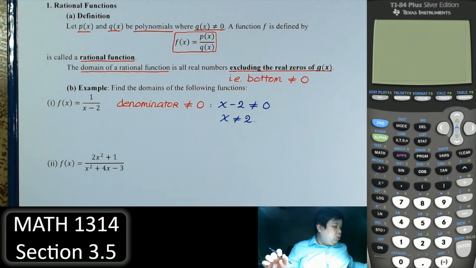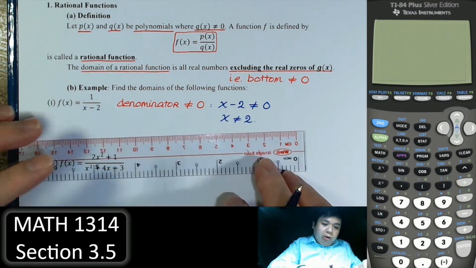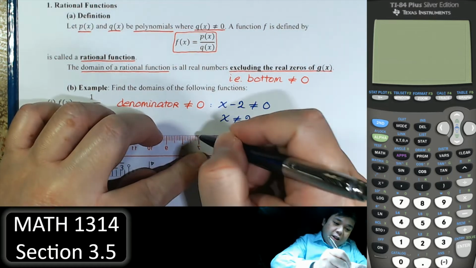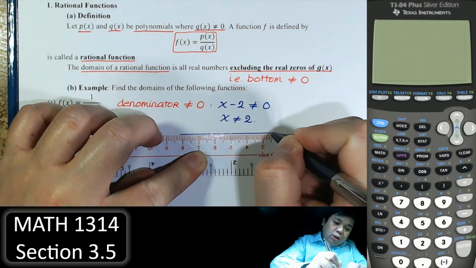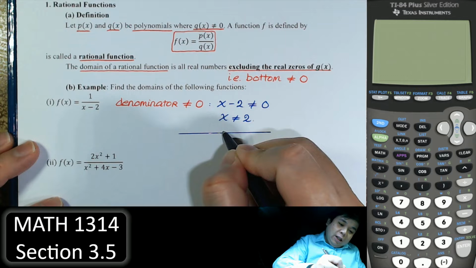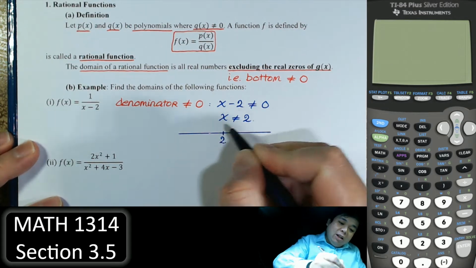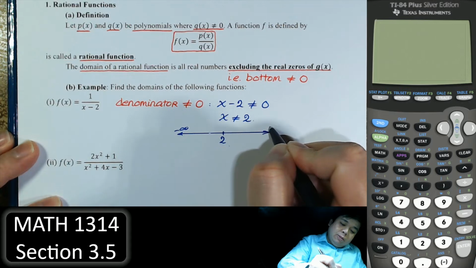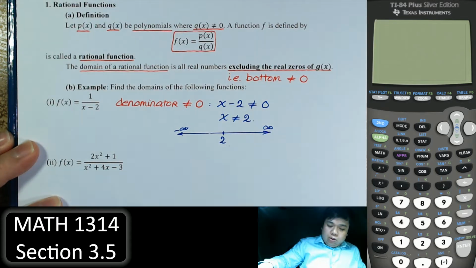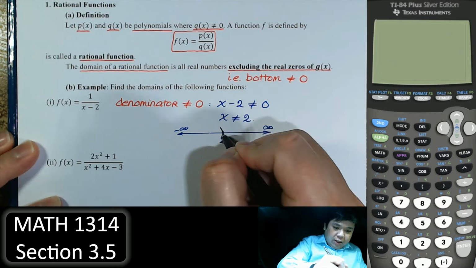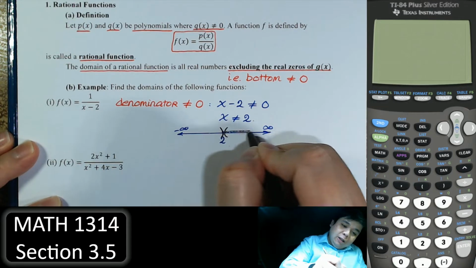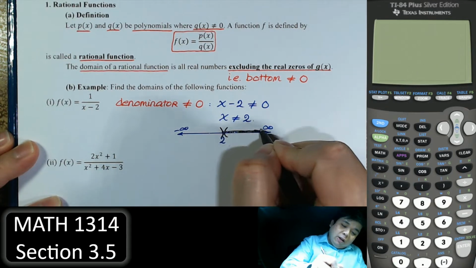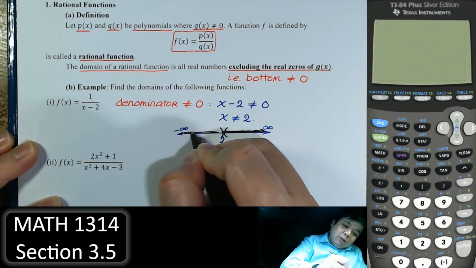Right, so we can draw the graph for the solution. It can be anything except for 2. So it can be anything on the left and on the right of 2.